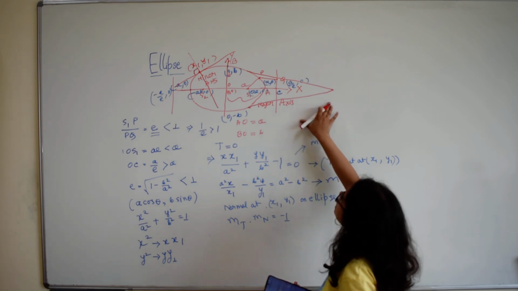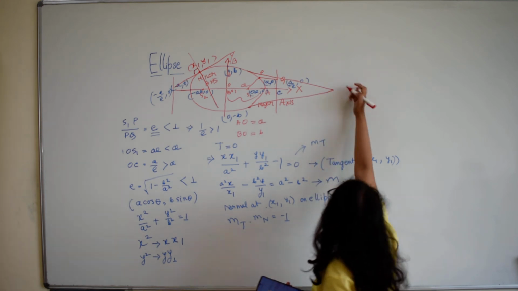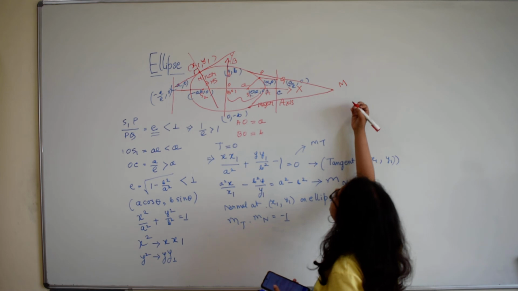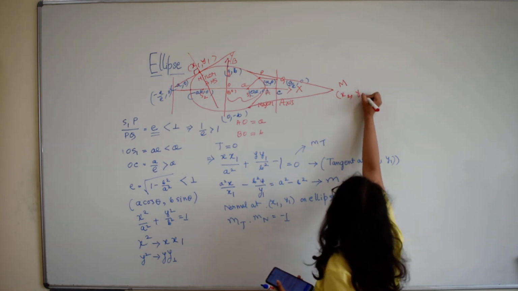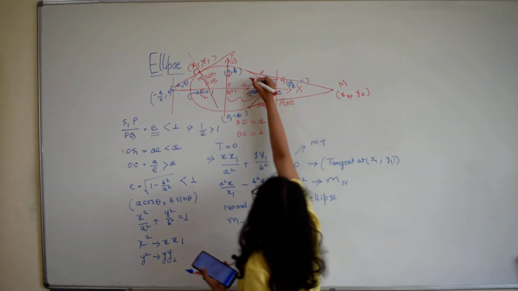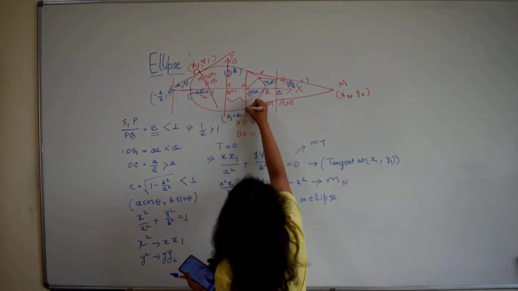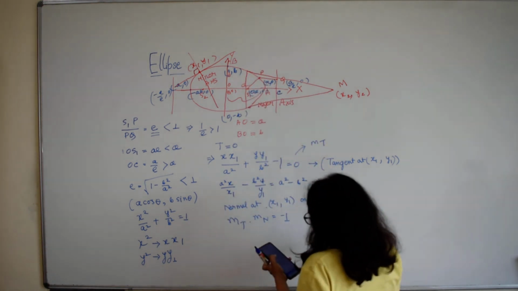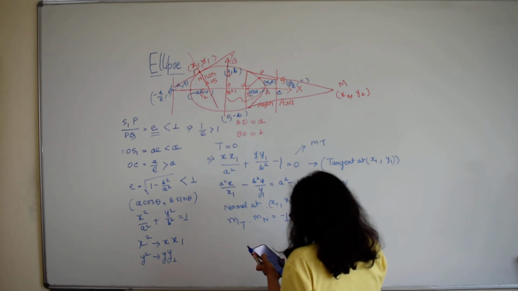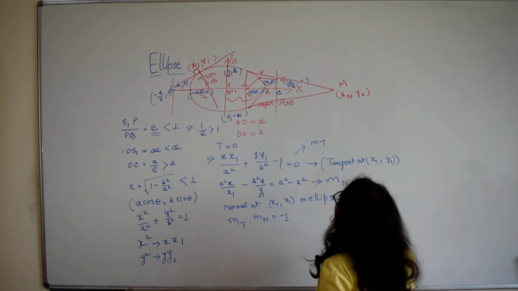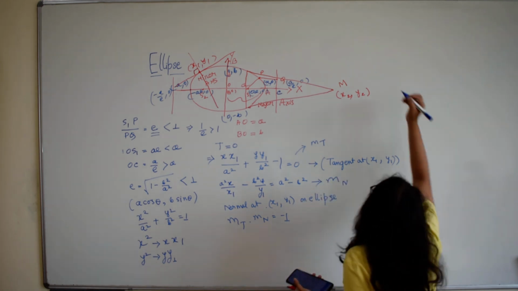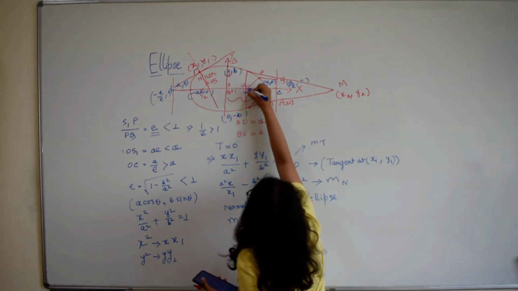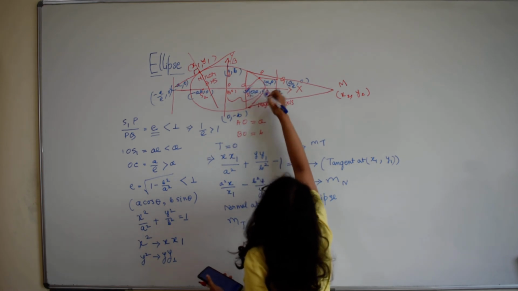Let it be M. The point will be x2 comma y2, and this is the chord of contact of the ellipse. So the equation of the chord of contact will be, that means this one will be the chord of contact.